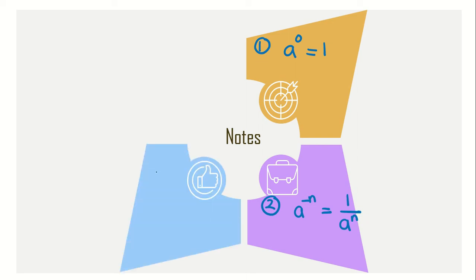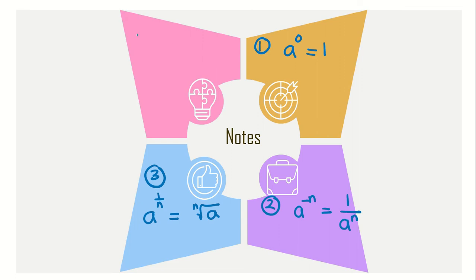Number 3, let's say you have a to the power of 1 over n. So you can see that your index here is in fraction form. So this is actually equals to the nth root of a. And finally, number 4, let's say you have here a to the power of m over n.